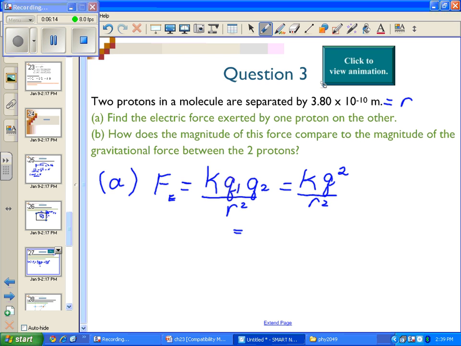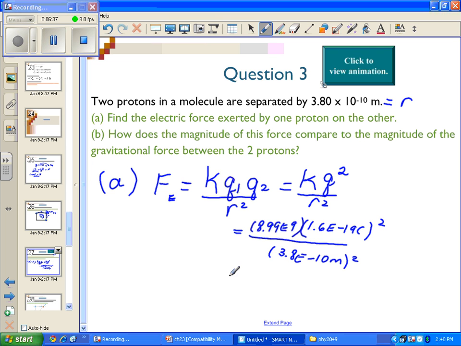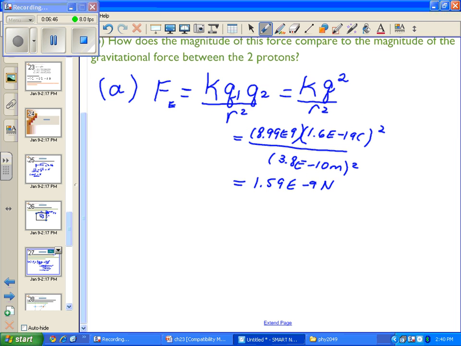We substitute our numbers: 8.99 e to the 9 for the electric constant, Q, the charge on a proton, 1.6 e to the minus 19 coulombs squared, divided by their distance of separation, 3.8 e to the negative 10 meters squared, and we get a value that is equal to 1.59 e to the minus 9 newtons.